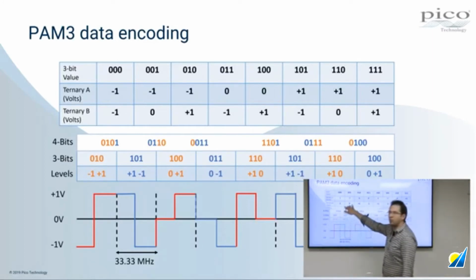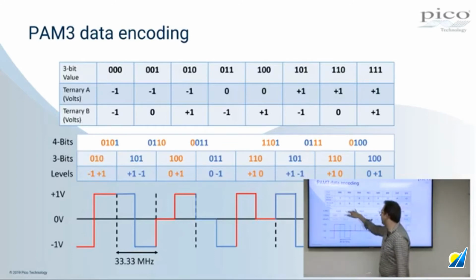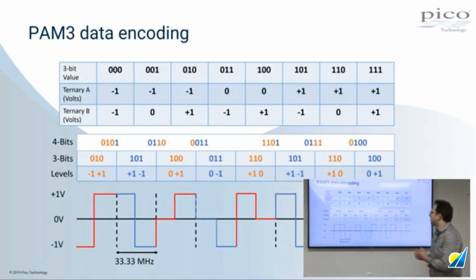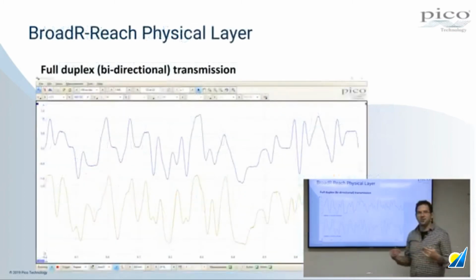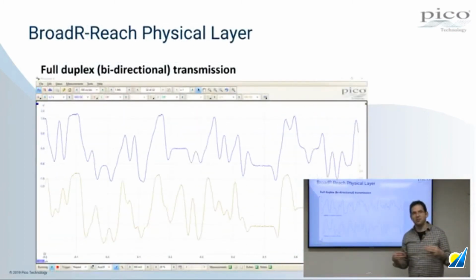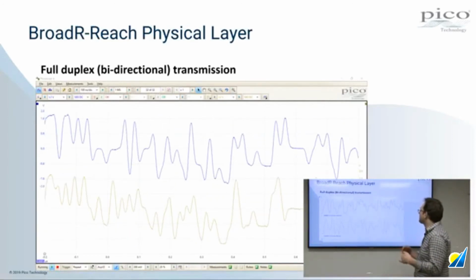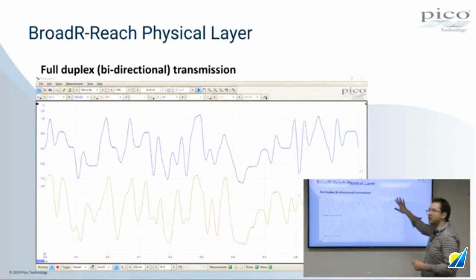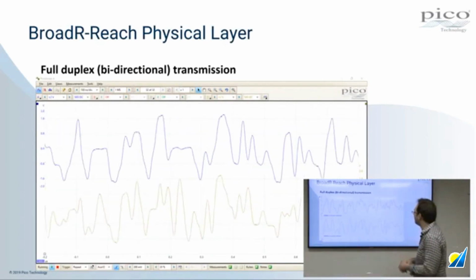In turn, we're going to slice up the parallel data going between the MAC and the PHY chips into 3-bit chunks and encode them via this PAM3 encoding.